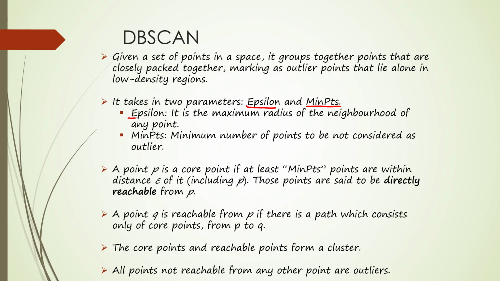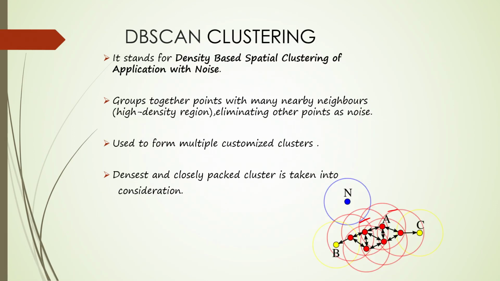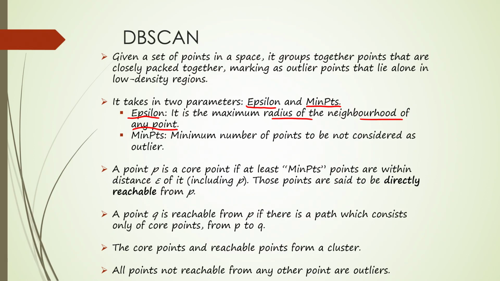Look at this epsilon, the maximum radius of the neighborhood of any point, and minimum points, the minimum number of points to be not considered as outlier. So, which means again look back, this is indeed an outlier, right. So, you need some minimum number of points to be declared part of a nice cluster, and only then you can say something about it.